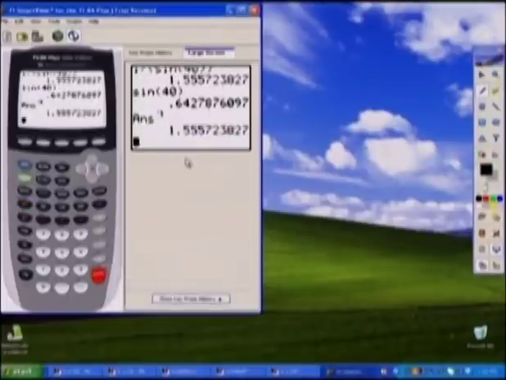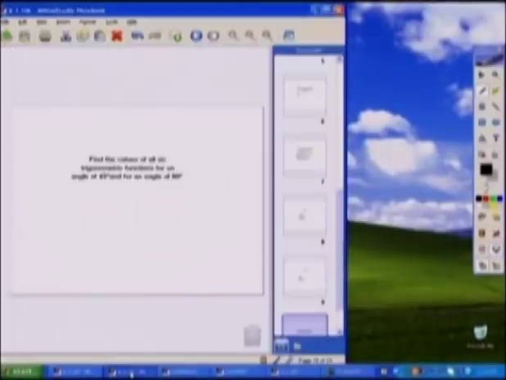And you'll notice I end up with approximately 1 56/100ths. Similarly, we would find secant by taking 1 over the cosine, and we could find cotangent by taking 1 over the tangent function. So let's head back to our main lesson here.